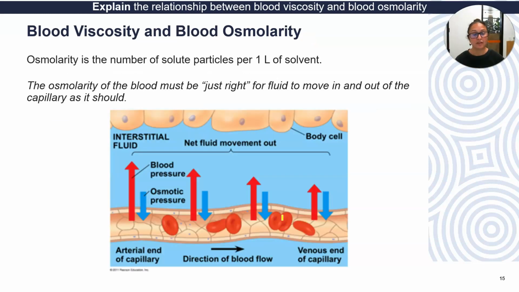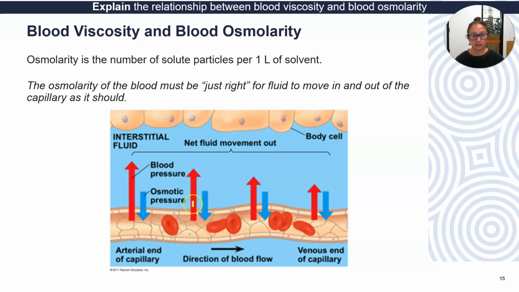So we did look at osmolarity before, and so you should know this already. Osmolarity is how much solute you have in solvent. So your blood osmolarity must be just right in order for your blood viscosity to be just right.